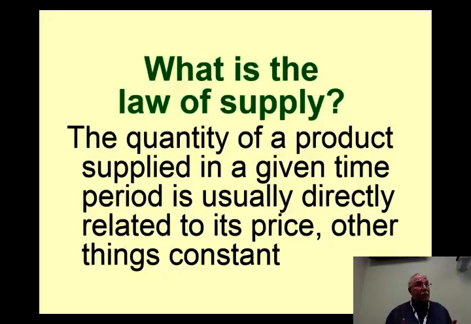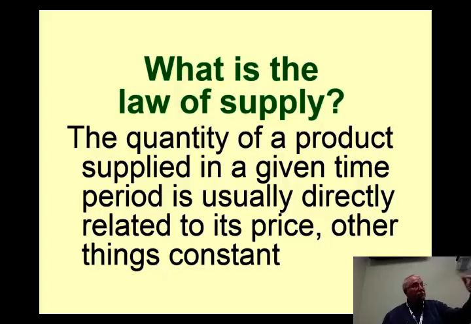Therefore, if you're the producer and the price goes up, what happens to your incentive to supply? The key word here is incentive. It goes up. Aren't you in business to make money? Don't you want to make a profit, even maximize your profits?